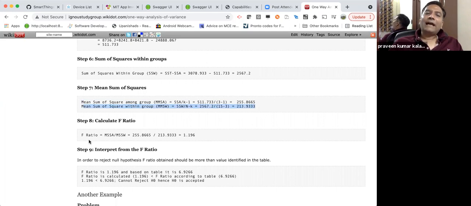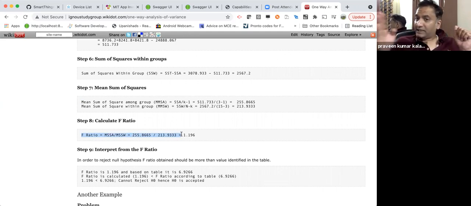So once I have this, then what I do, I find the ratio and say, what is the ratio of among the groups and within the groups? So this is telling me whether my among groups, that is between the groups, is significantly large when compared to whatever the within group is.